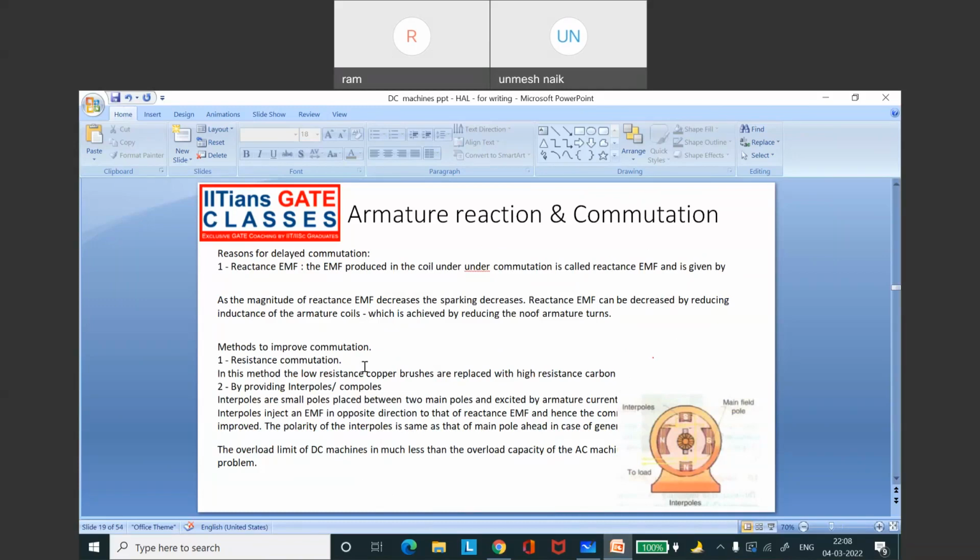The other is by using interpoles or compoles, which are additional poles added to the main field poles. They inject an EMF in a direction opposite to that of the reactance EMF, so both cancel out, and thereby delayed commutation can be avoided.